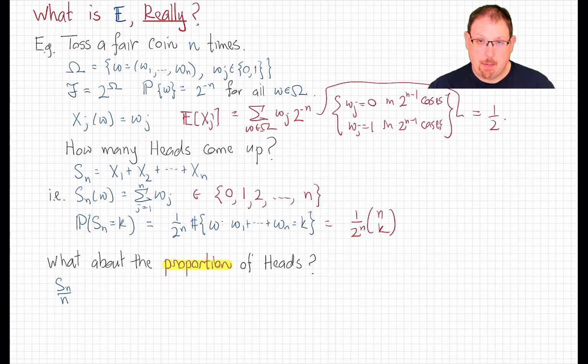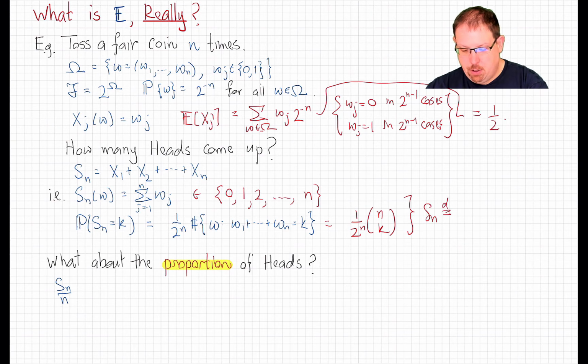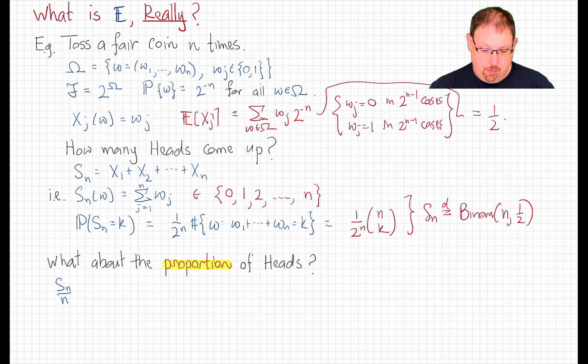Now that probability distribution has a name. It's called the binomial distribution, with parameters n and 1/2. 1/2 here for the probability of any coin toss coming up heads or tails. What's the expected value of this random variable Sn with a binomial distribution?